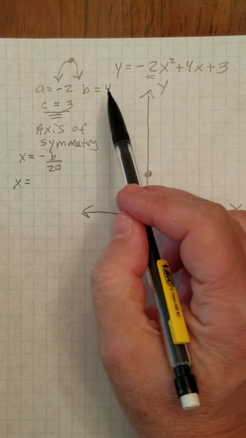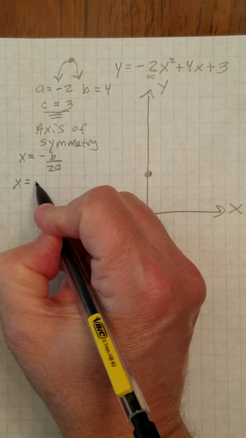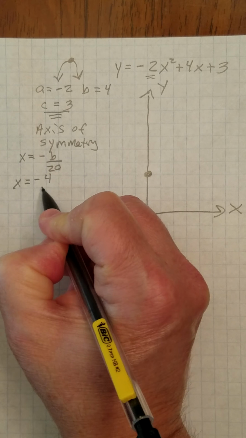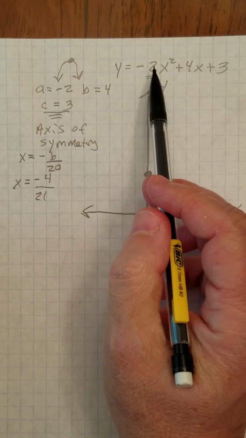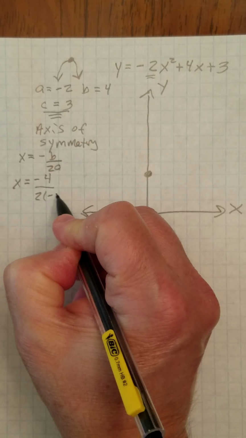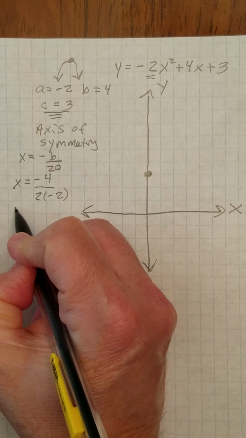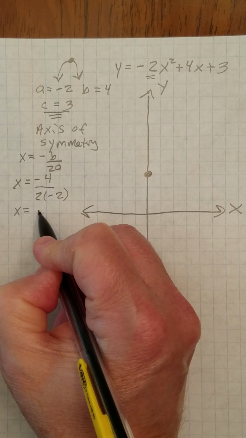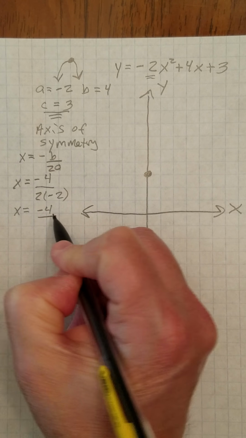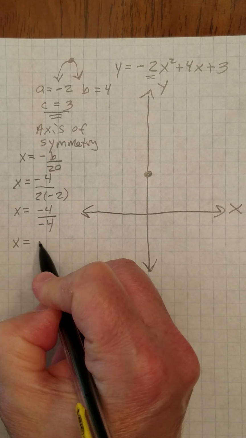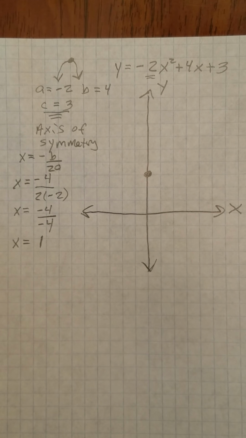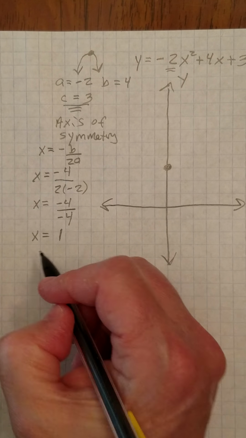Well, b is 4, so the opposite of 4 would be -4 all over 2 times a, which is -2. So the axis of symmetry would be located at -4 all over -4. So x equals 1 is the axis of symmetry.